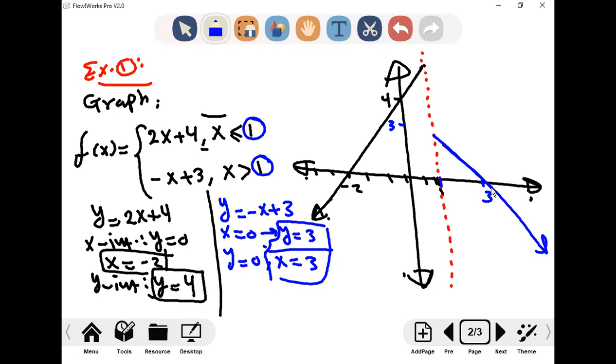You will take a look at where the function is defined on 1. Here you have equal, here you don't have equal, right? At the equal you put a closed circle. This is the 1, right? You will go up. You have this blue, the blue for the second one, right? Do we have equal? No, you put an open circle.